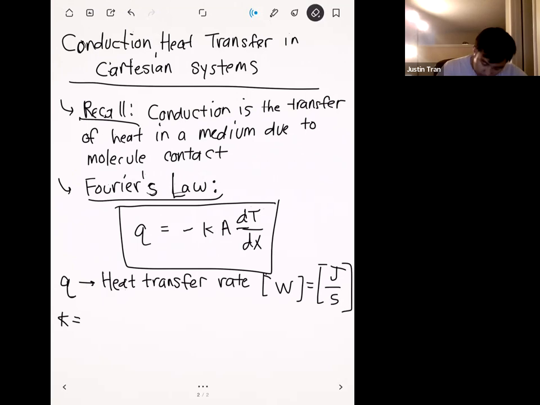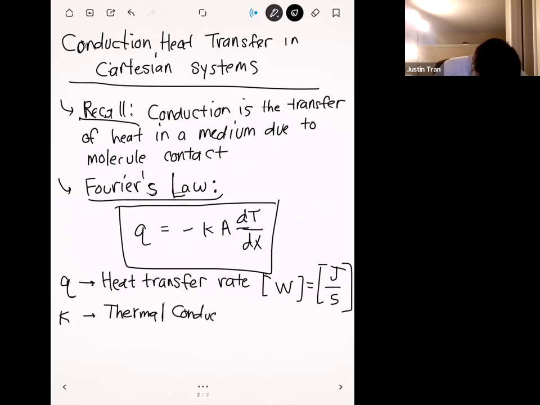All right, k. K here is a very important quantity, and probably you haven't seen it before in your previous classes, because it's pretty unique to heat transfer. This is what's known as the thermal conductivity of the material. We'll talk about thermal conductivity more in a bit, but basically it is a measure of how well the material can transport heat.